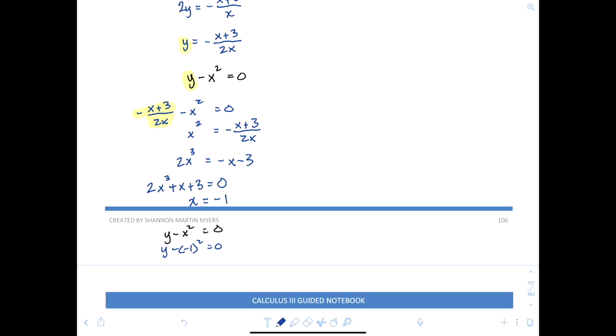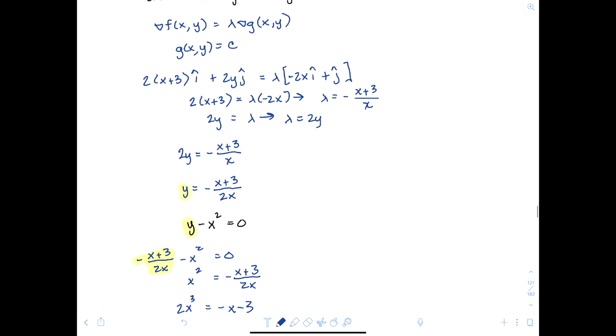And so y would then be 1, which gives us a lambda, which I think ends up being 2 if you needed to find your lambda. We can put that over here. We got lambda is 2, and we found x and y.